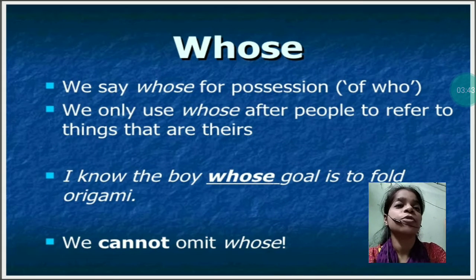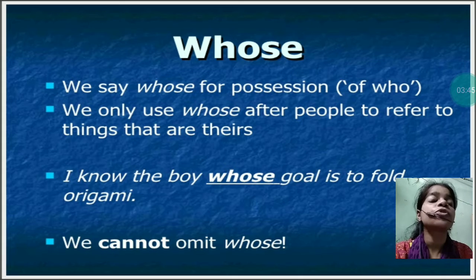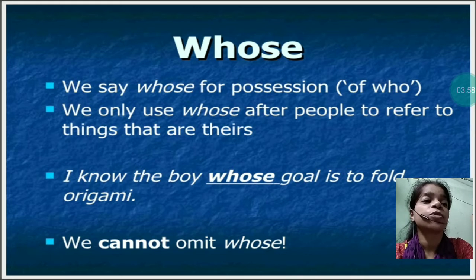Next one is whose. Whose is used to show possession, means it tells that the noun has possession of another noun. Like, I know the boy whose goal is to fold origami.